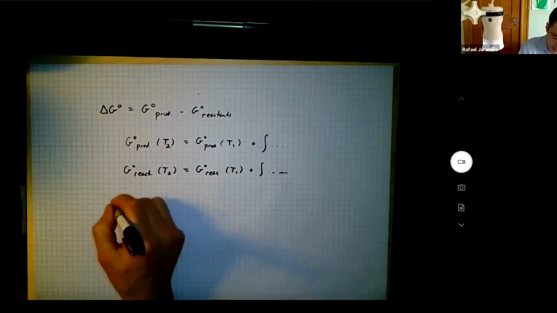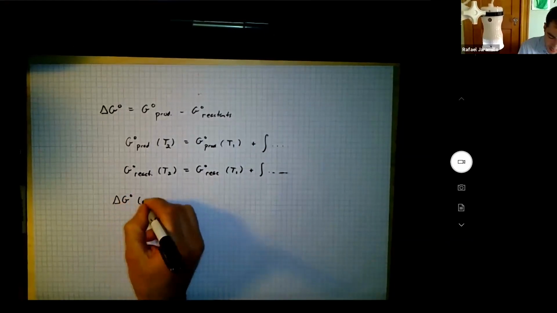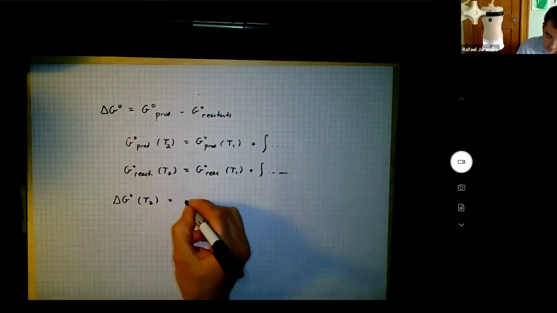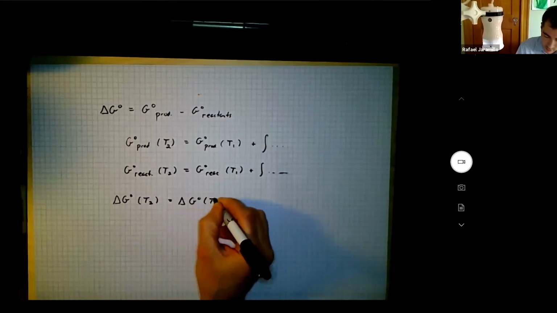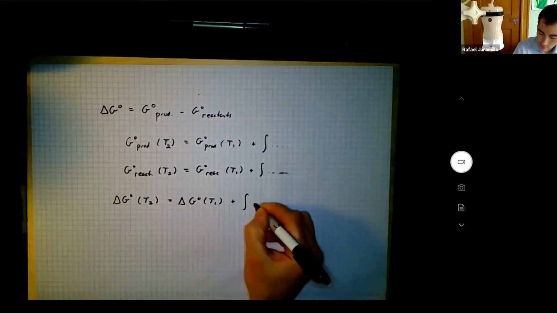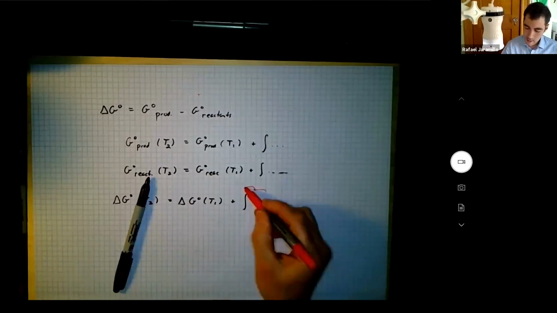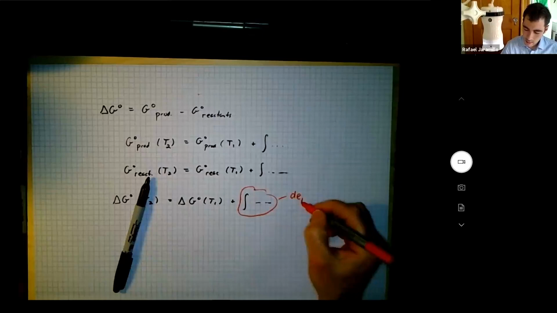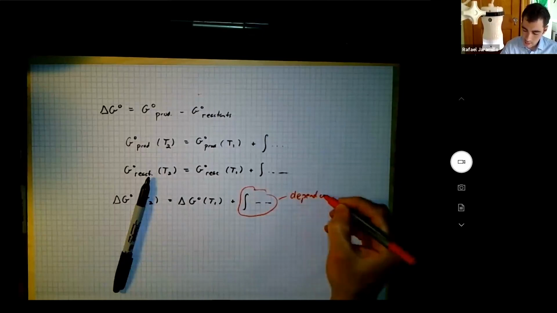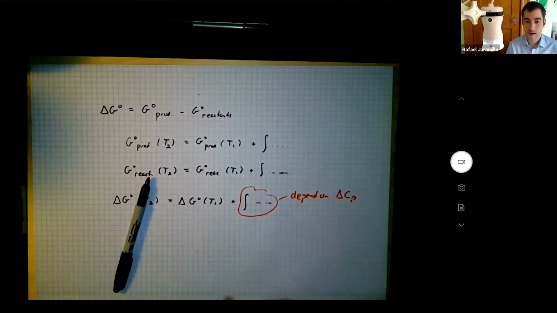So we're seeing that delta G naught at some T2 equals delta G naught at some T1 plus integrals. And these depend on the heat capacity differences.